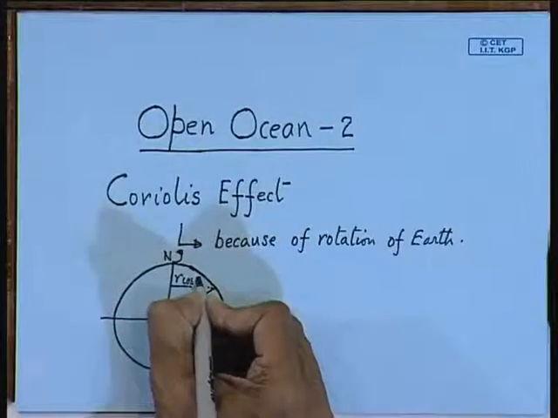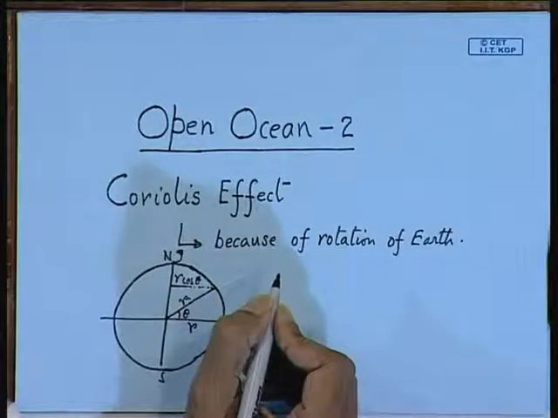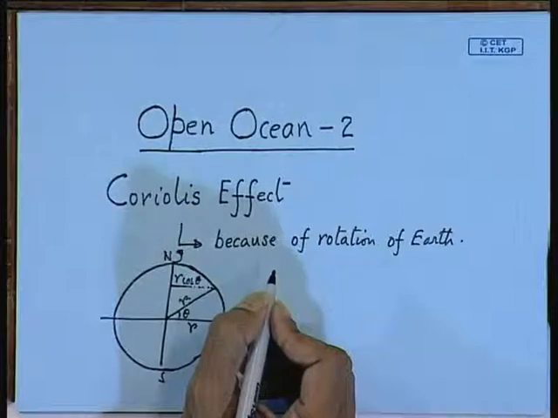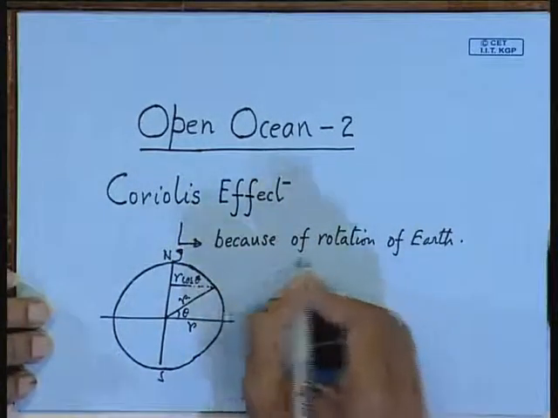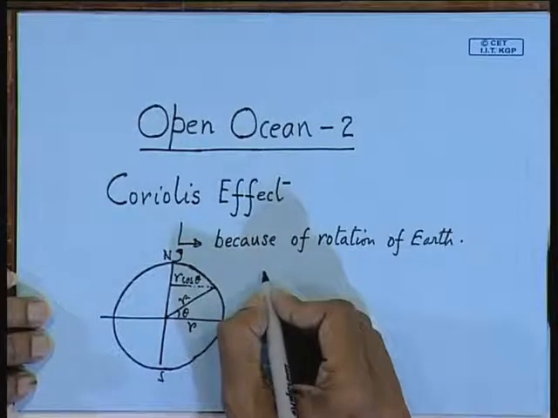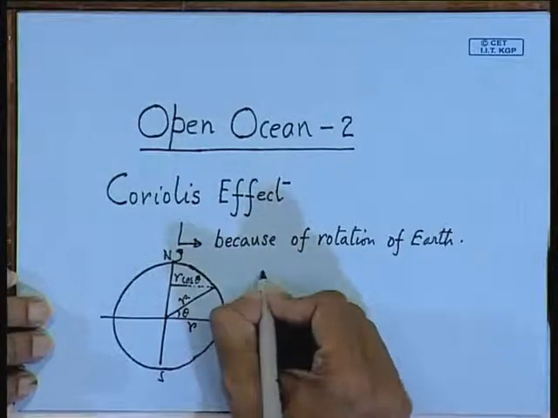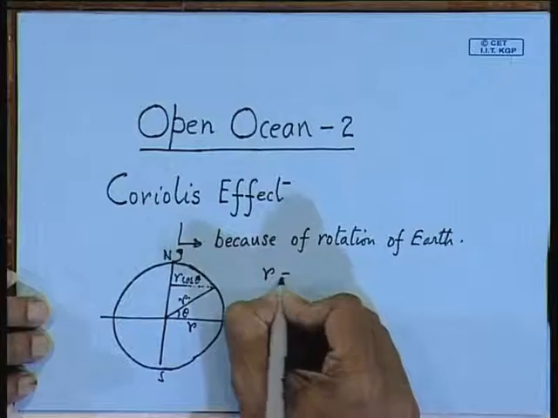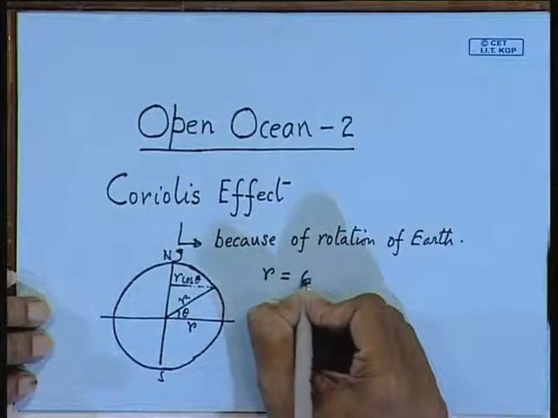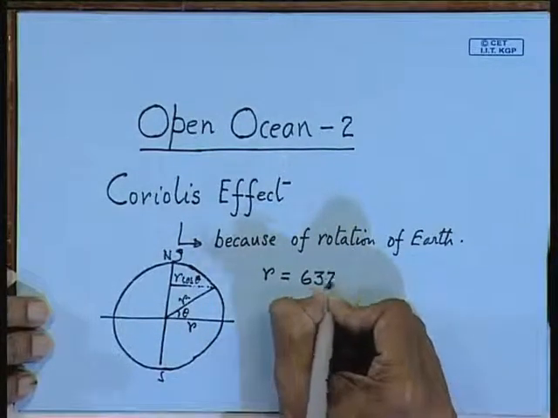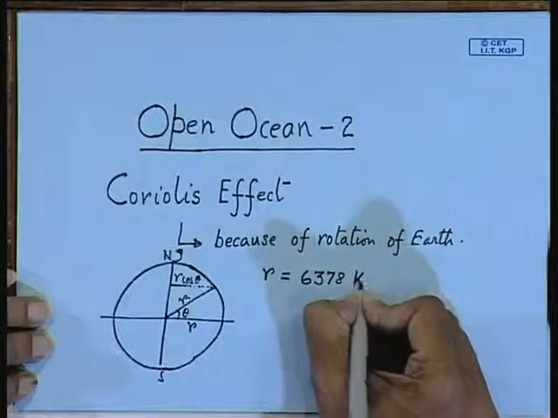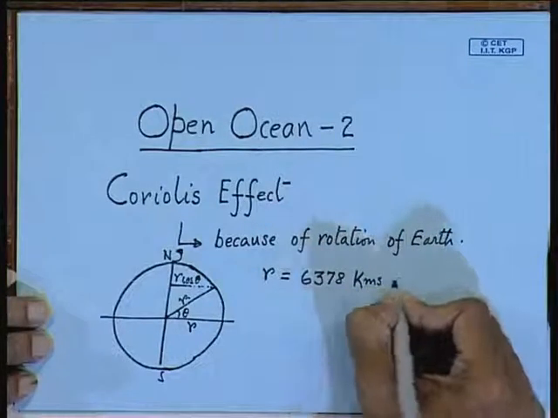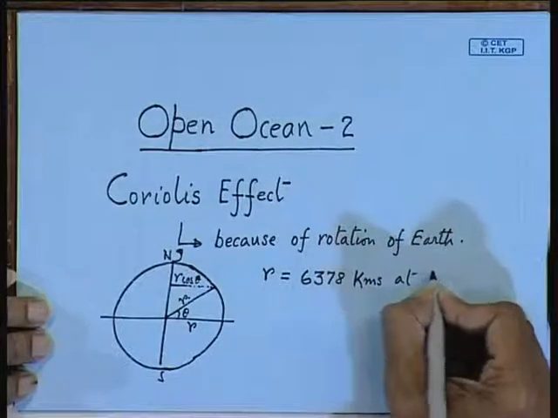So, now you find out the angular velocity. Now, r is equal to how much? Is 6378 kilometers at equator.